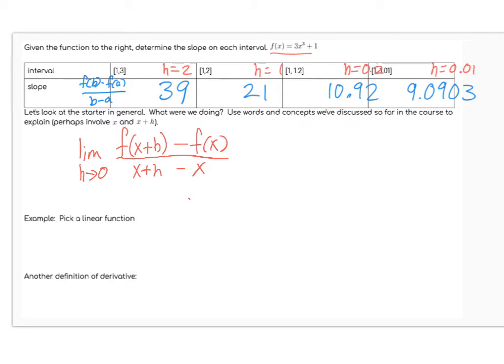And this should look really familiar because we saw this on the previous page. This is all about finding slopes that get closer and closer to being 1 point. In other words, if you could actually get to 0, you would find the slope at a specific point, which we call the instantaneous rate of change.